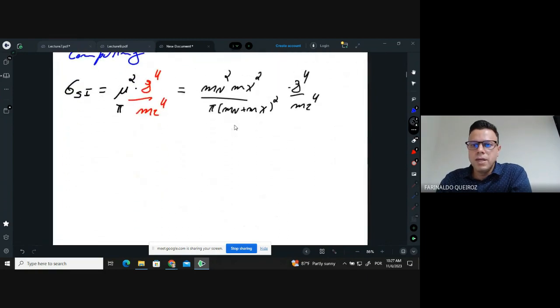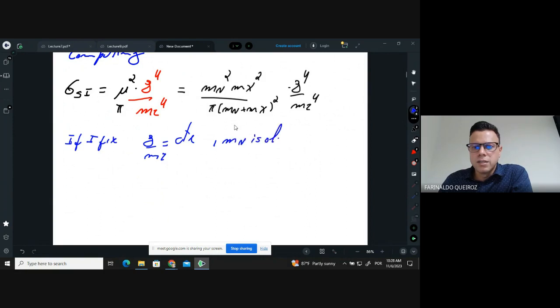So it means this: if I fix g and the Z prime mass to be a constant, and mn, the mass of my target, is also fixed, therefore the scattering cross-section grows with the dark matter mass.